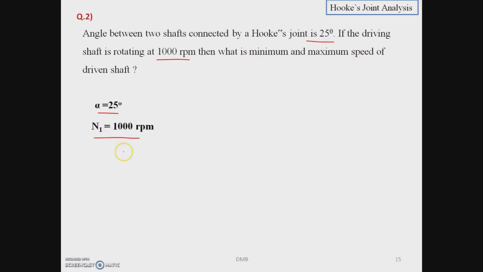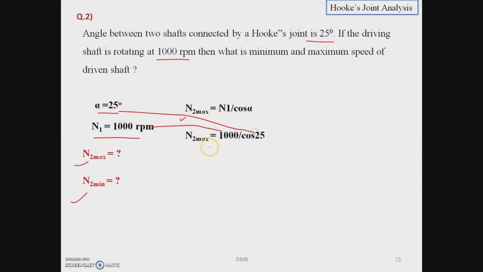Again, we have to find N2 max and N2 minimum. We know that N2 max equals N1 upon cos of alpha. N1 is 1000, alpha is 25, so we get N2 max as 1103.4 rpm.